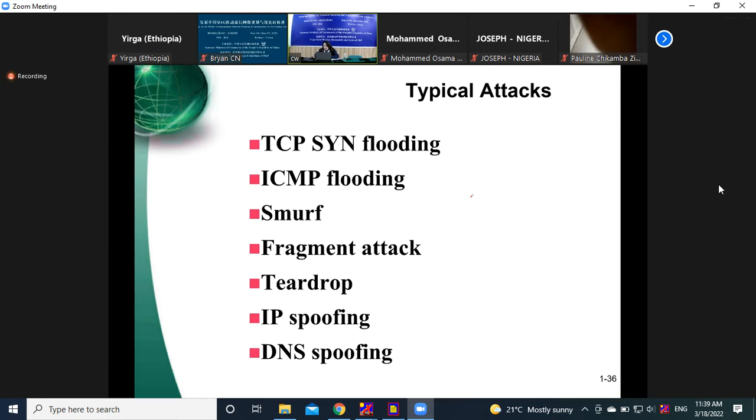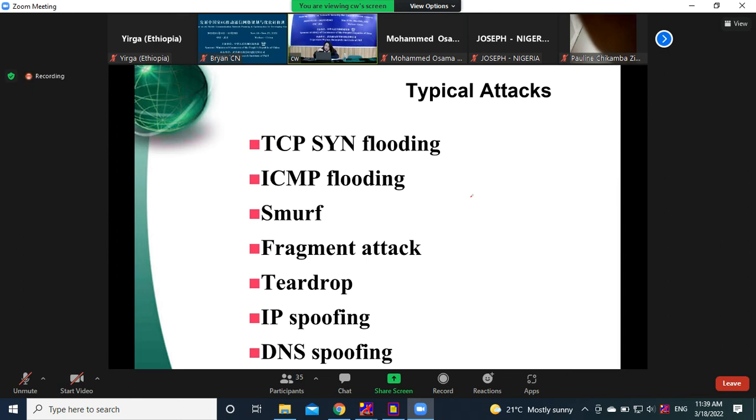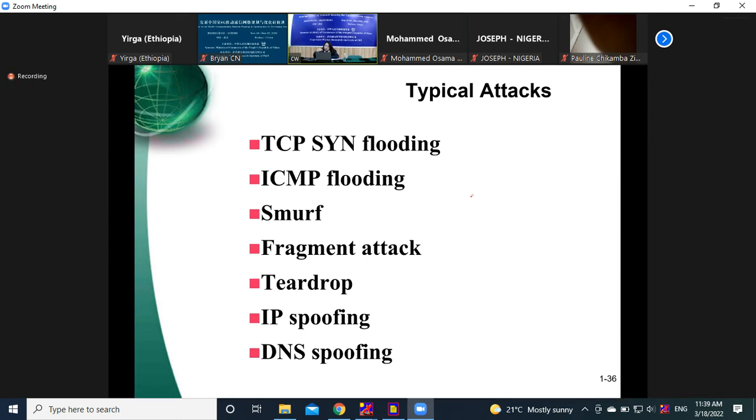In this way, resources are wasted, and sometimes it can't supply or maintain the service. This is TCP SYN flooding. Because TCP is connection oriented, they should send the connection requests.